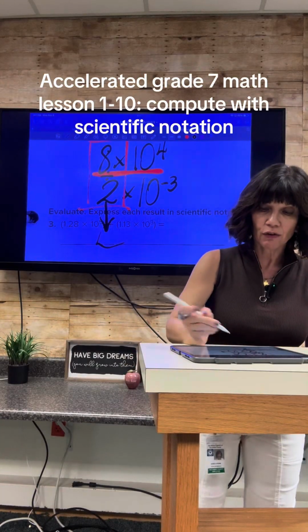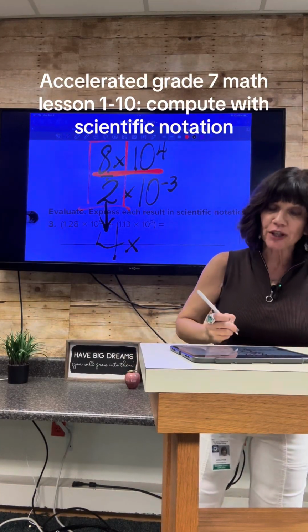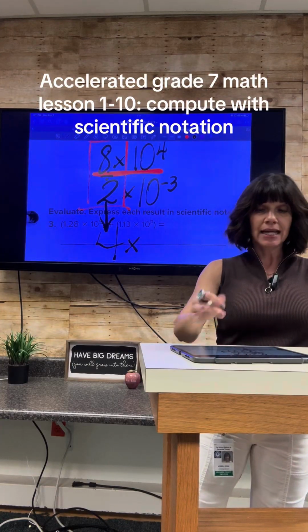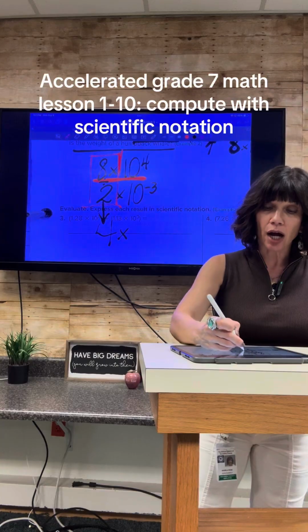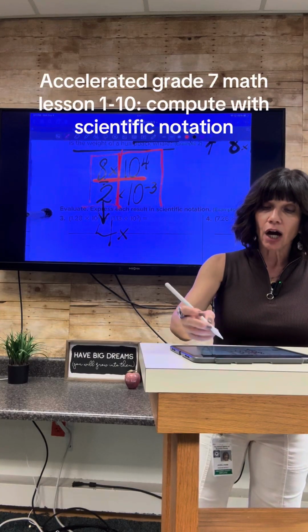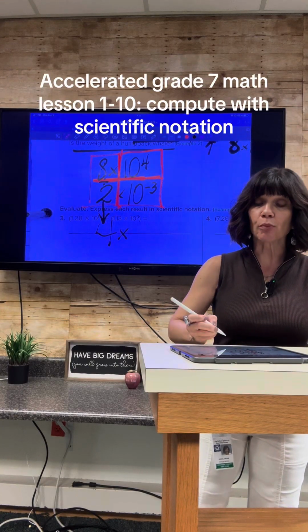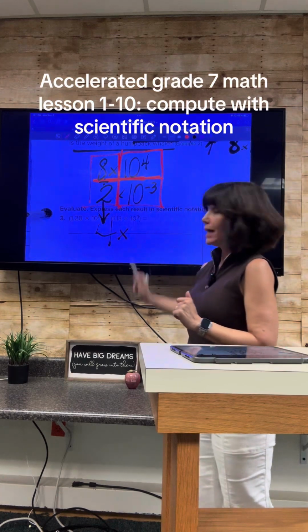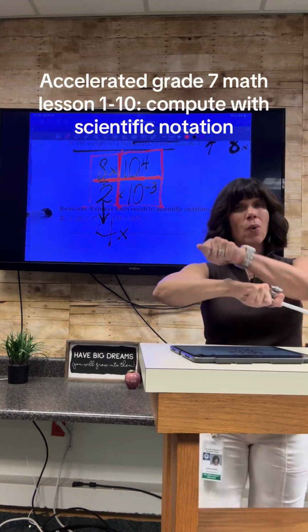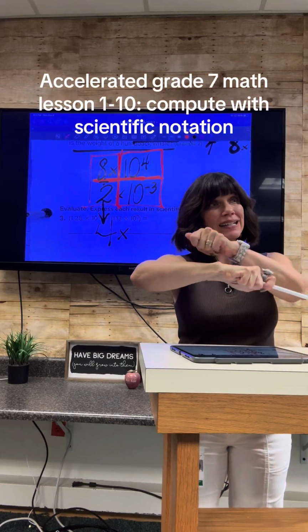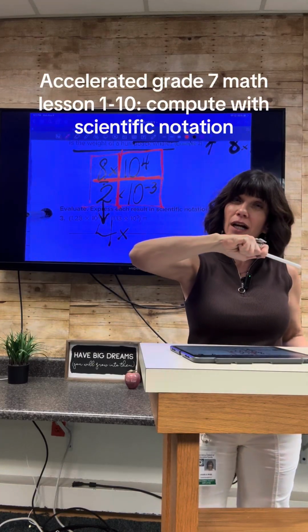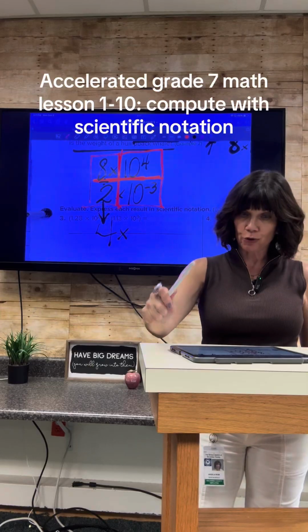Good job. 4. Copy your multiplication symbol and then ask yourself, where else shall I draw a box? Around my base values that are both what? Tens. Now remember, when dividing same bases, not multiplying, when dividing same bases, what sign is in the middle of a division sign? Subtract.